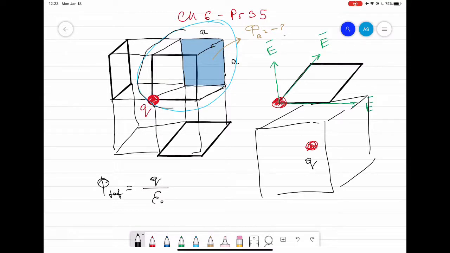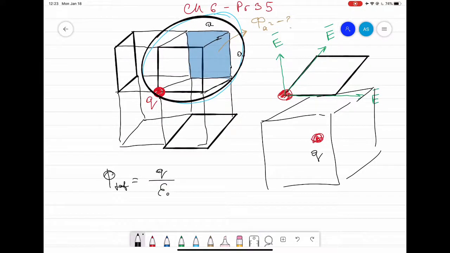So in order to find the electric flux passing through only 1 small cube, we have to divide this total electric flux Q over epsilon naught by 8. Then you will get the electric flux passing through 1 cube.